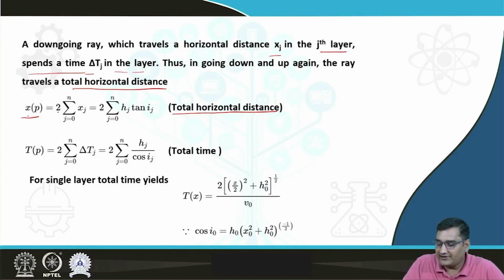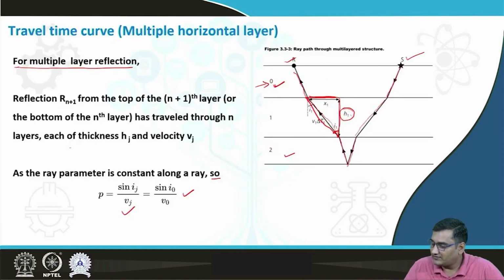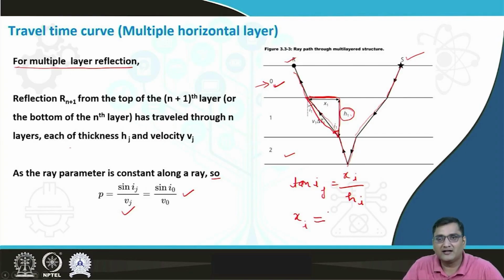So that means it can be twice the summation of j equal to 1 to n of xj, which is 2 summation j equal to 0 to n of hj tan ij. Because if you look at this diagram, tan ij will be equal to xj by hj. So xj, the distance traveled by the ray in the jth layer, will be equal to hj tan ij.